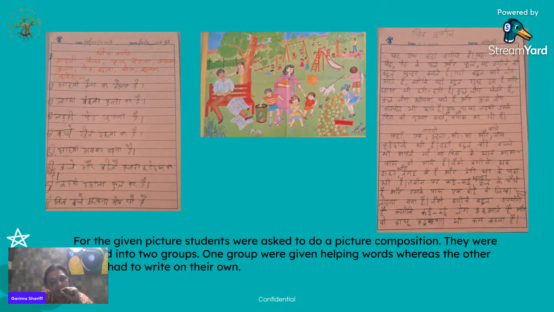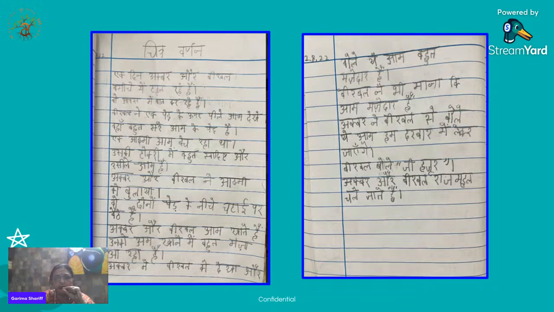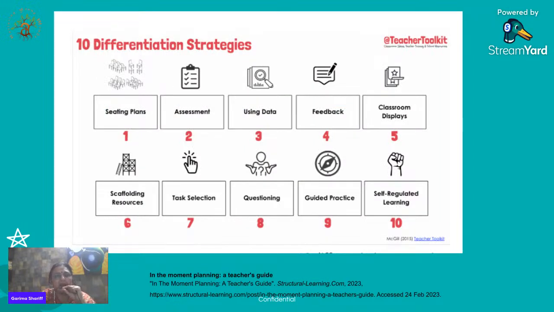By the time they come to 5th grade, we expect them to write a proper story and differentiate in a proper way. This is one more example of the story. And these are some of the strategies which I use a lot in my class for differentiation.